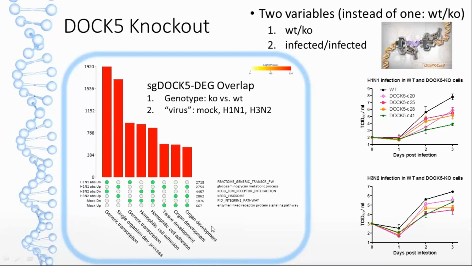And down here are the top functions based on the overlap. So again, transcription, but also sequence development process, but mostly transcriptional functions are indicated and influenced by this knockout.